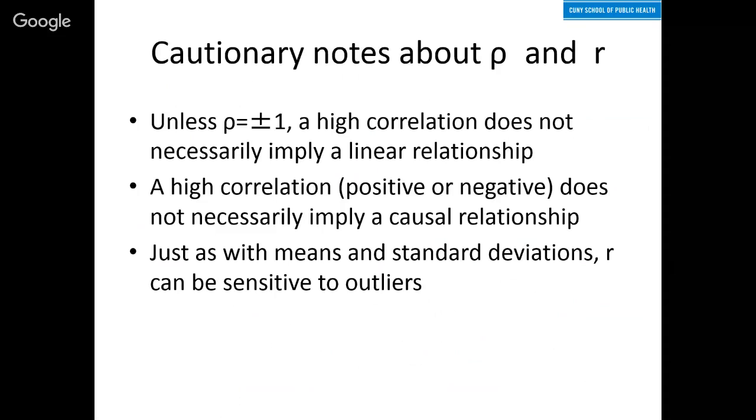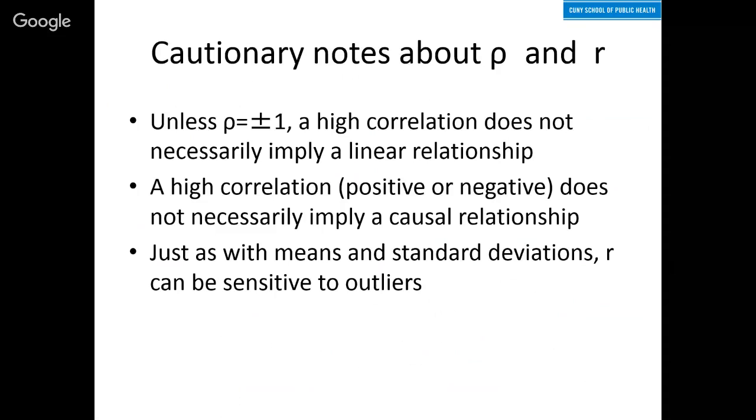So keep in mind that unless your population correlation coefficient is exactly 1 or -1, a high correlation does not necessarily mean that it's a linear relationship. There was an example that I showed before with a slightly curved relationship that would have given a very high correlation coefficient.